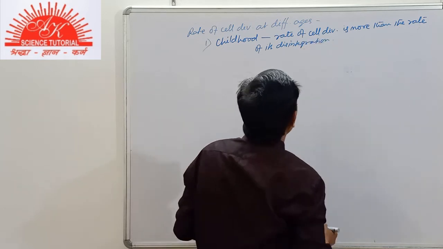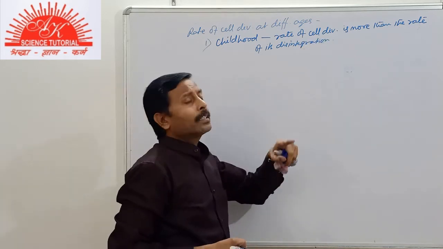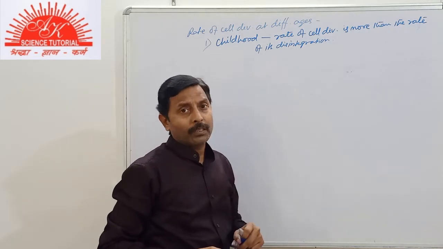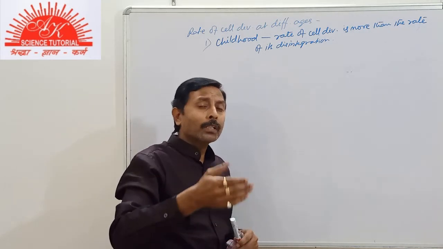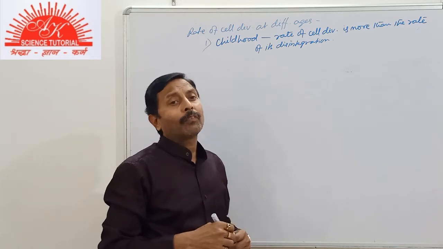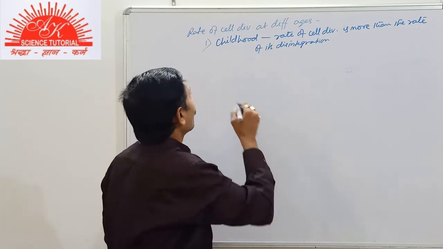That is, we can say anabolism is higher than the catabolism. As a result, more cells are added to the body and our body size increases.